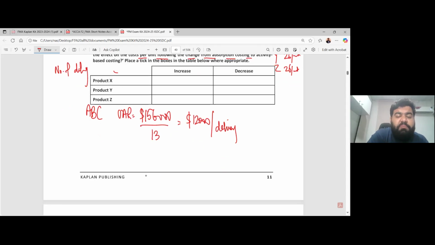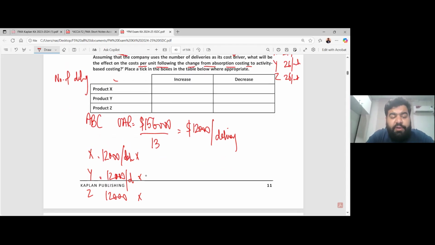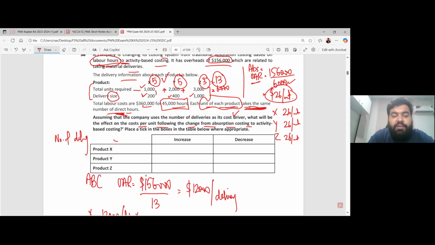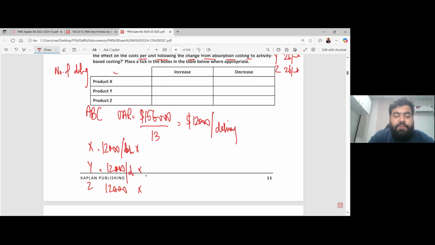Now we will calculate the cost for each of them, for X, Y, and Z. The OAR is the same for all of them, 12,000 per delivery. We multiply by the number of deliveries X, Y, and Z are taking: 5, 5, and 3.